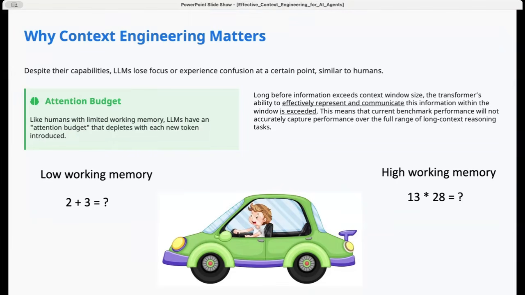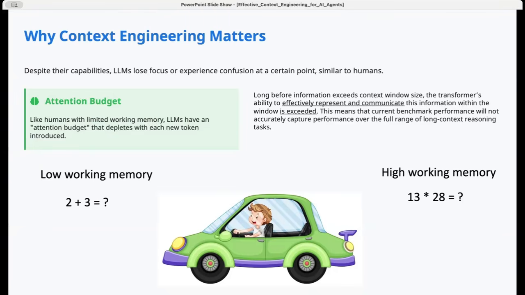This is a simple task that requires low working memory. It's just one step of thinking. What if someone asks you, what is 13 multiplied by 28? I don't think you can just speak out loud very fast like with 2 plus 3. I think you take multiple steps to reach the answer, and this task requires higher working memory.